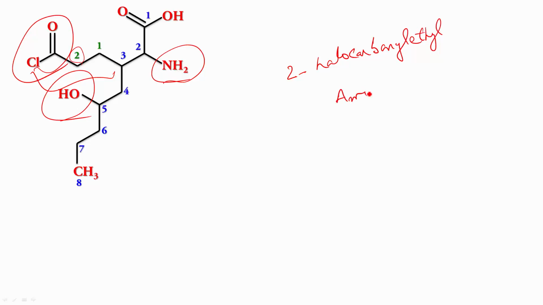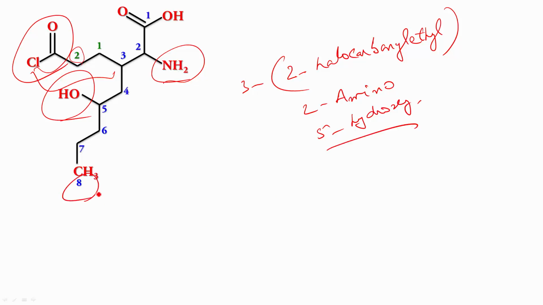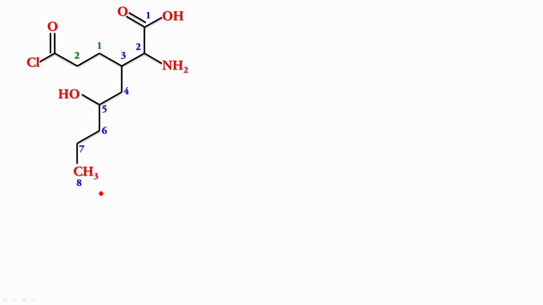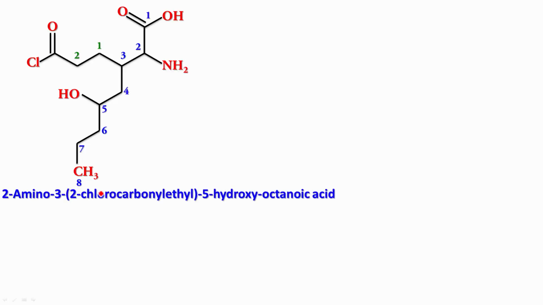Then you have amino. Now this 2-halocarbonyl ethyl is sitting at 3. Amino is sitting at 2. At 5 you have hydroxy. So these are your prefixes and it ends with octanoic acid. 2-amino, 3-(2-chlorocarbonyl ethyl), 5-hydroxy octanoic acid.